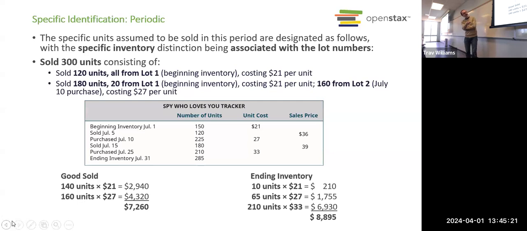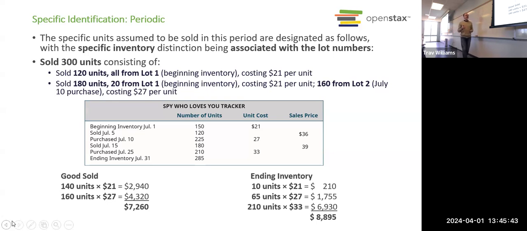But then the other 160 units came out of lot two, and that one had a cost of $27 per unit. So here we see the 160 units out of lot two times $27. We add that all up, and we get the total cost of what we sold. Okay? Does that make sense so far?